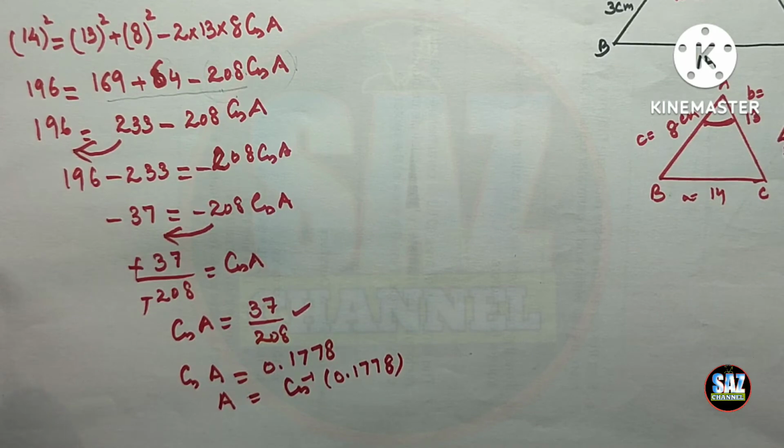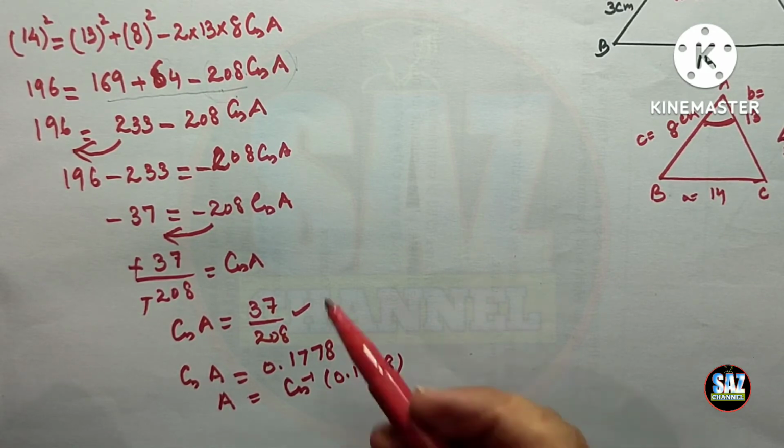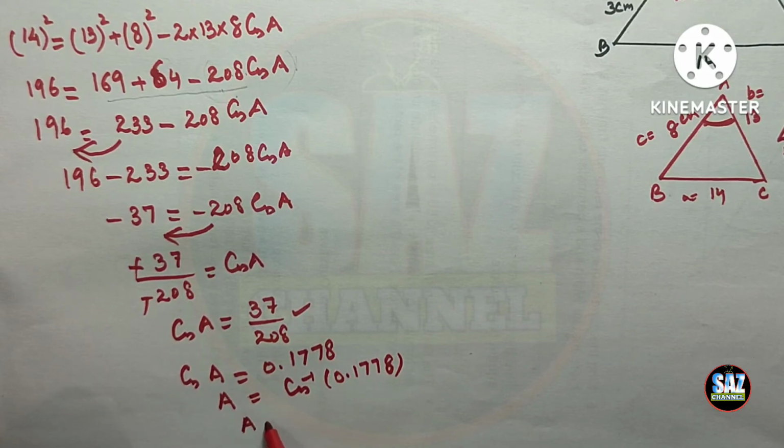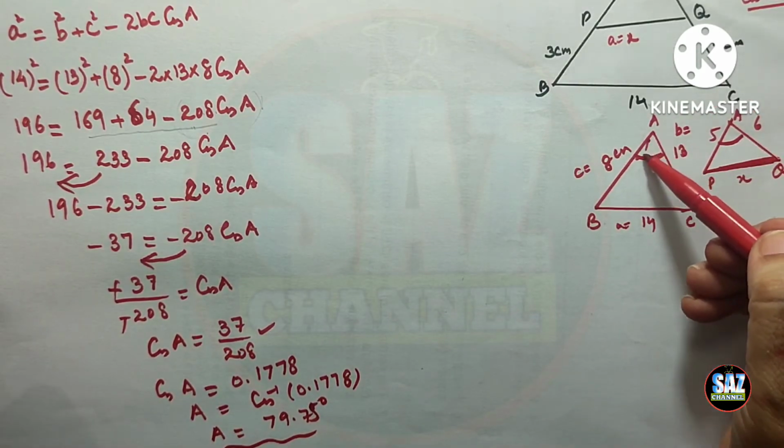Be careful, your calculator mode must be in degrees, otherwise your working will be incorrect. Cos inverse of 0.1778 gives me 79.75 degrees. Angle A is 79.75 degrees. So we have this common angle with us.